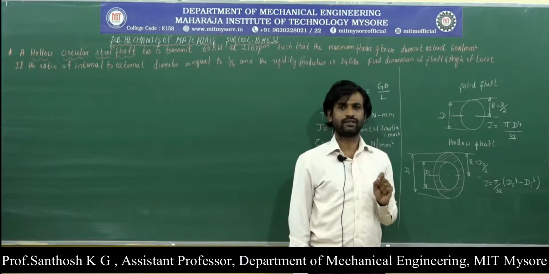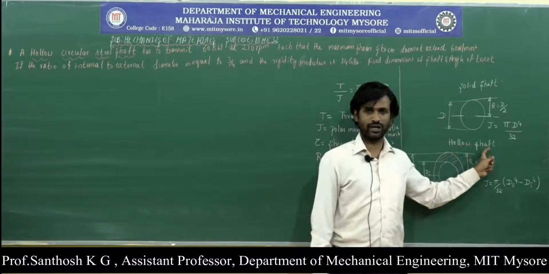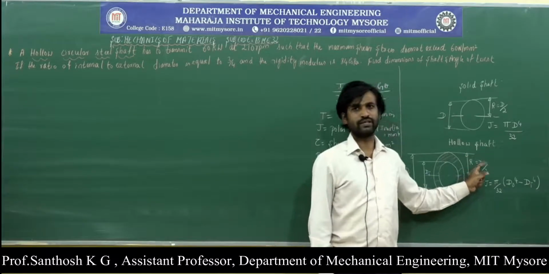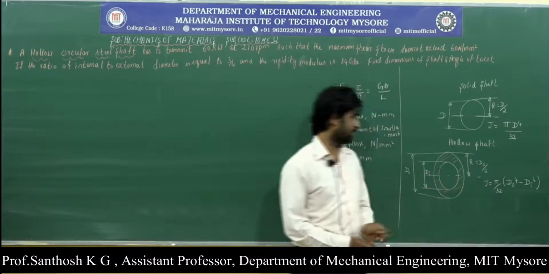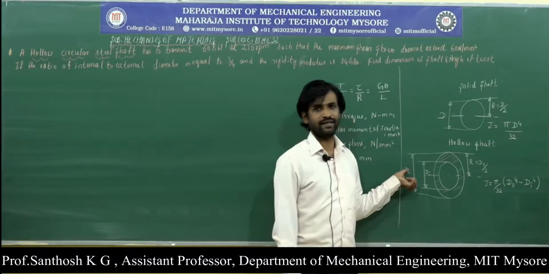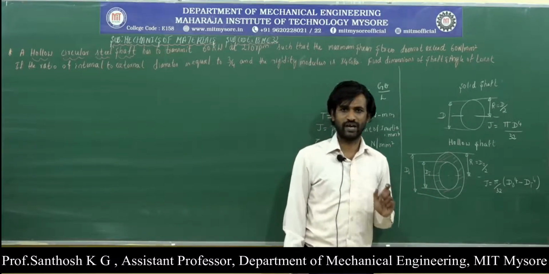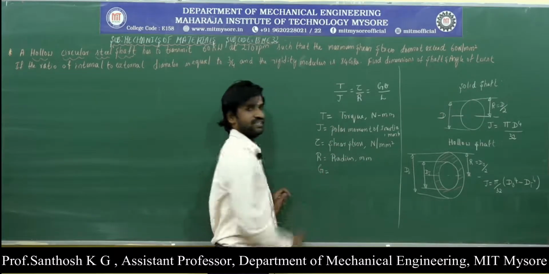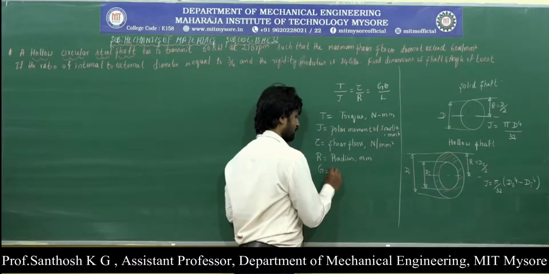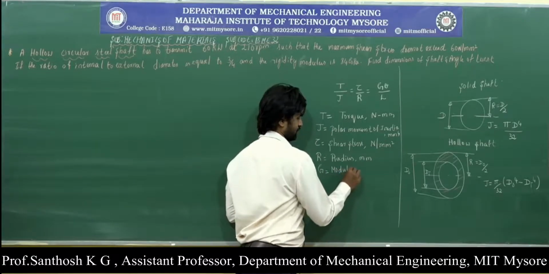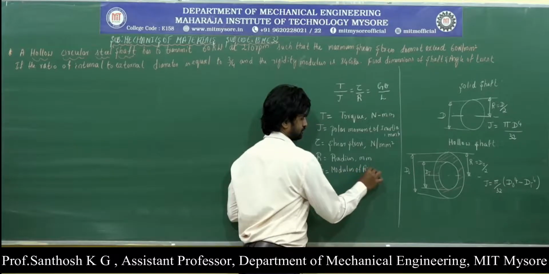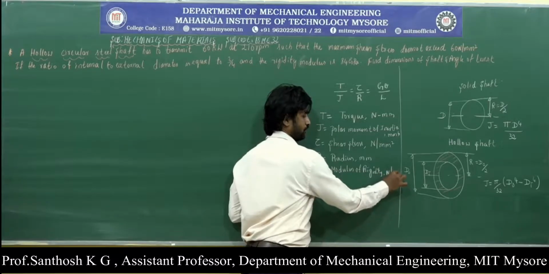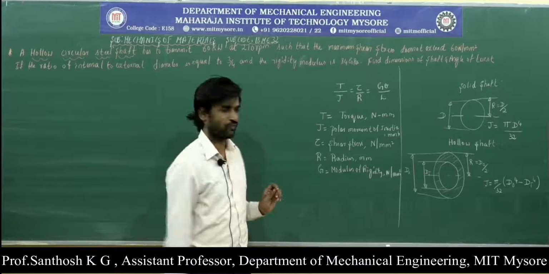Suppose the given shaft is a hollow shaft, then to find the value of R, we should use d naught by 2, where d naught represents the external diameter of the hollow shaft. Then we have G, which represents the modulus of rigidity, and it should always be in terms of Newton per millimeter square.